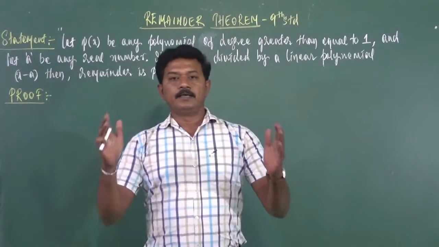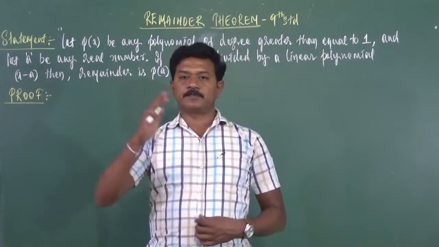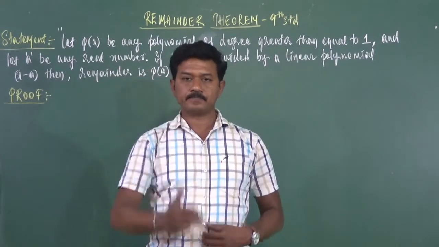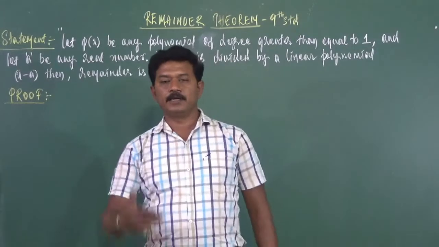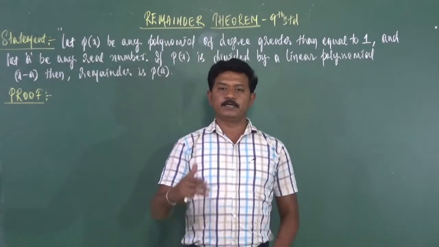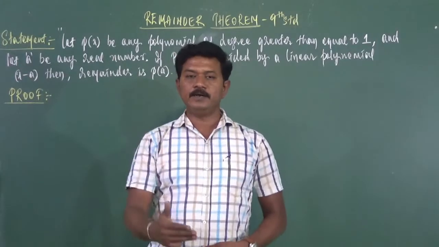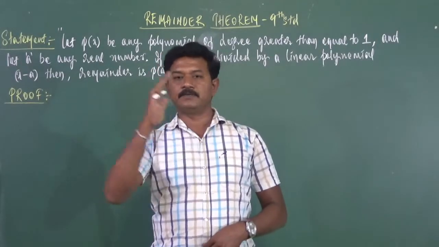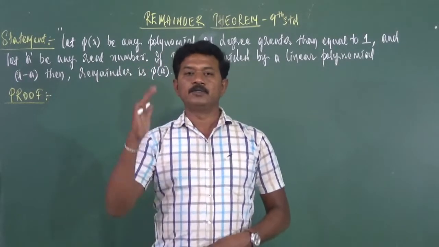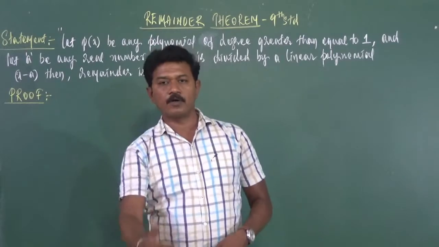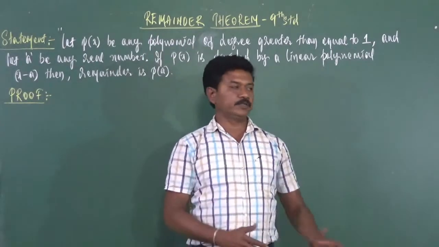When I divided the polynomial p of x by the linear polynomial, I got some remainder by the long division method. If you want to find the remainder when a polynomial p of x is divided by a linear polynomial, no need to go for long division.